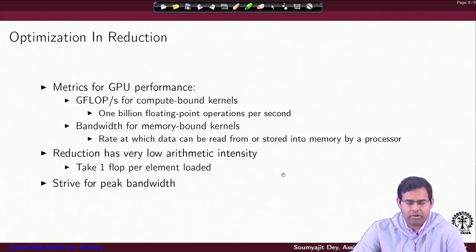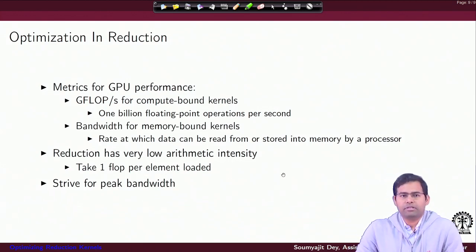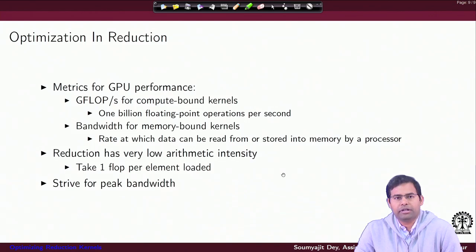So ideally we would like to achieve more gigaflops per second. Flops is floating point operations per second, right? More gigaflops is basically about the total compute that I can do for compute bound kernels, but in this case it's more of a memory bound kernel. So I would like to see that I am able to use the full bandwidth of the memory, that is the full rate at which data can be read or written into the memory subsystem.